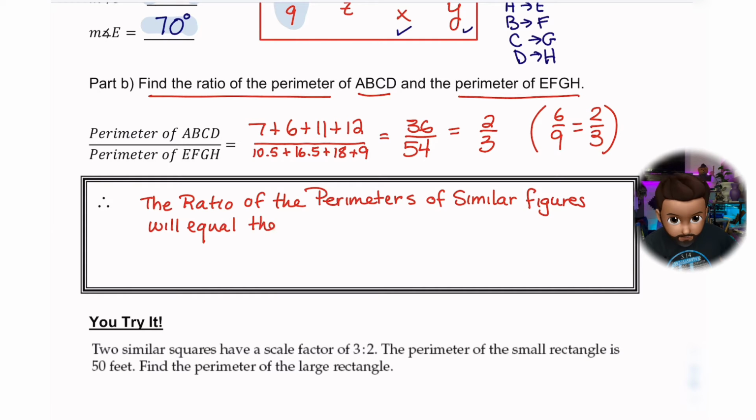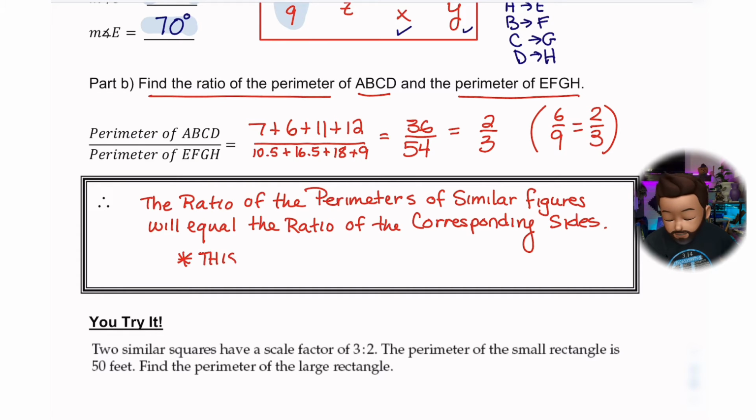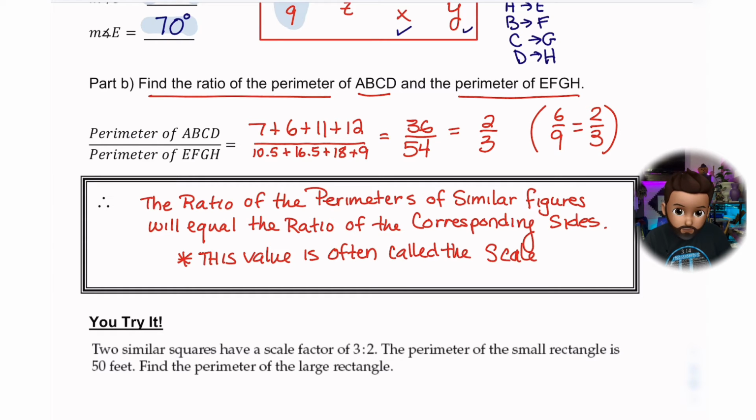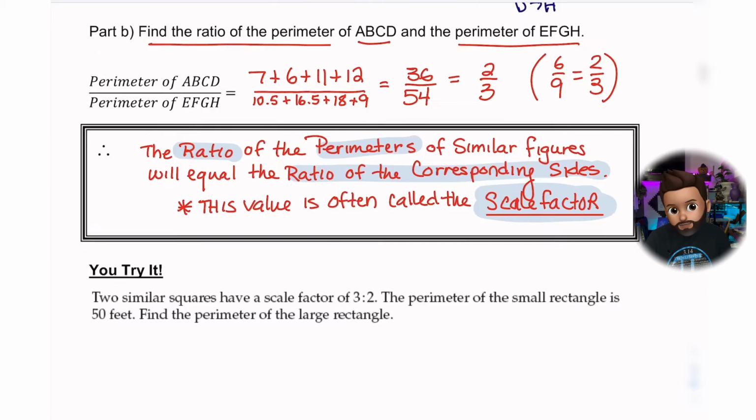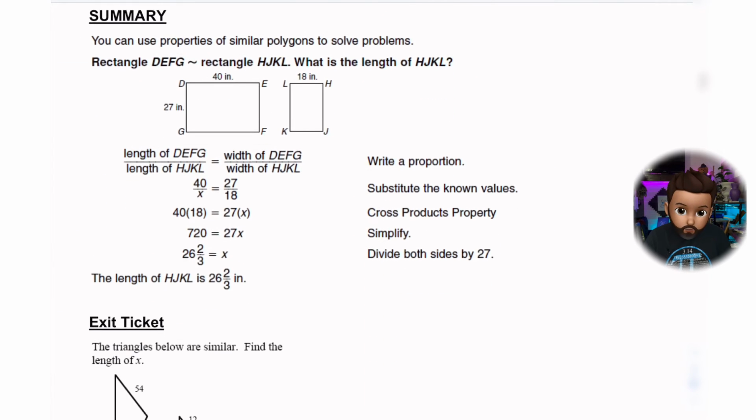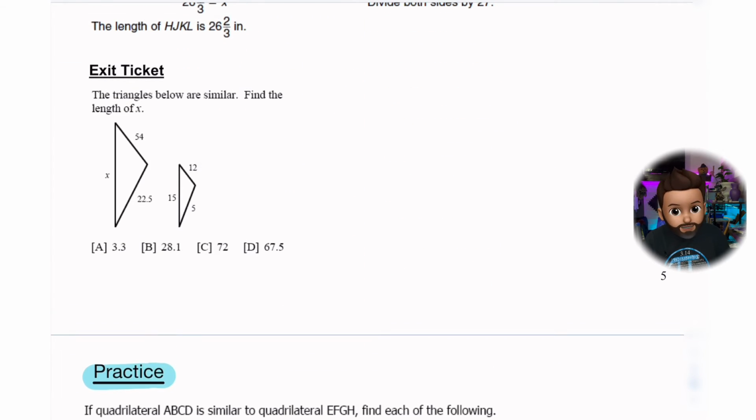It's not the same with area and volume when we get into higher dimensional shapes, but here perimeters are the same ratio as the ratio of the sides, because both of those are linear measurements. And these ratios that we find are often helping us find something called the scale factor, how big or small one object is in comparison to the other.